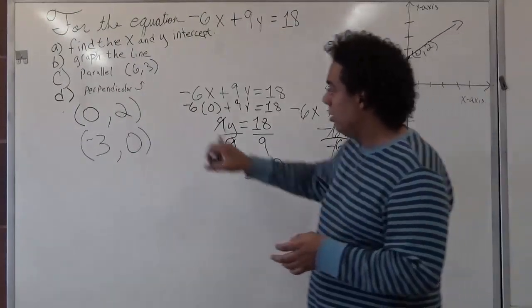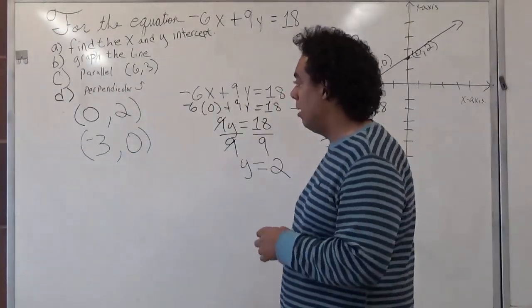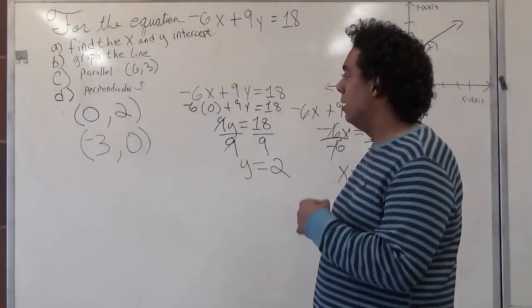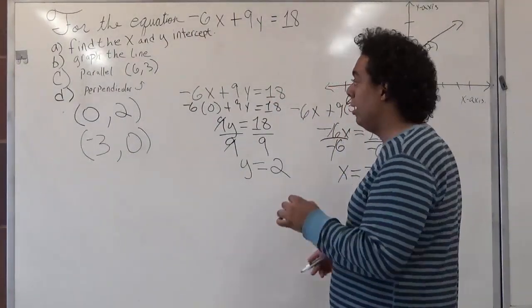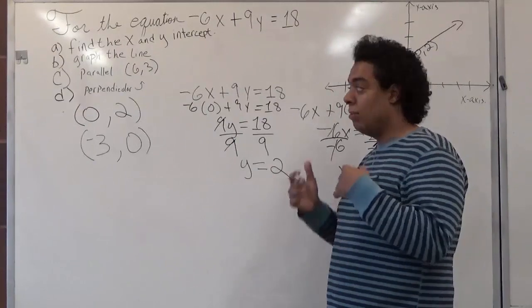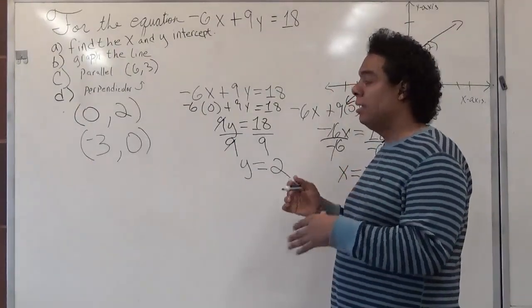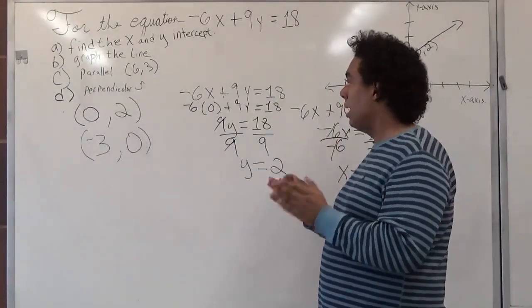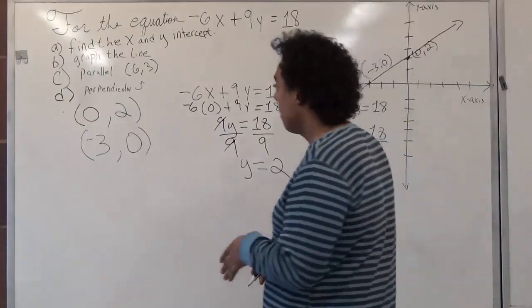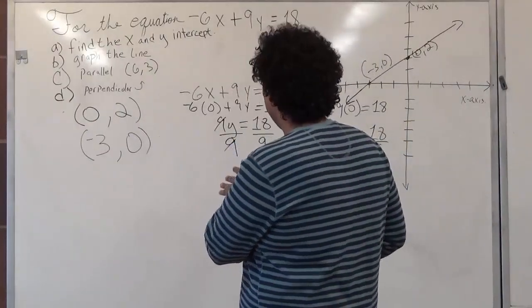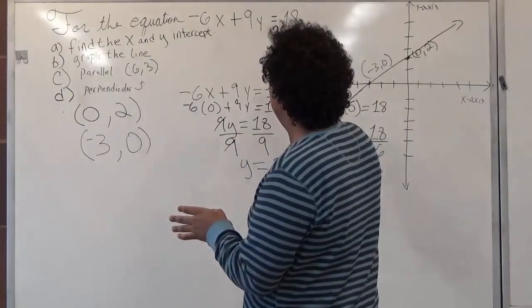The next is a parallel line that passes through 6, 3. We need the slope to find it, because what makes a parallel line is 2 lines with the same exact slope. We don't have the slope here, and there are 2 ways we can get it.